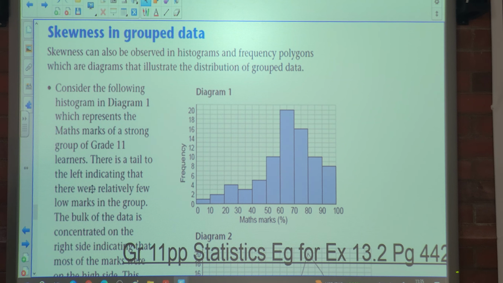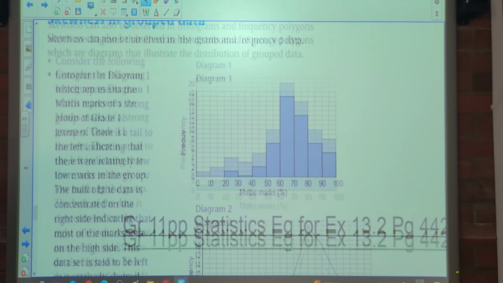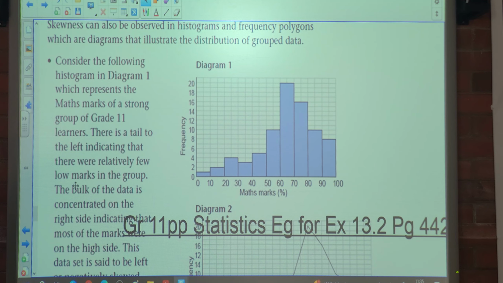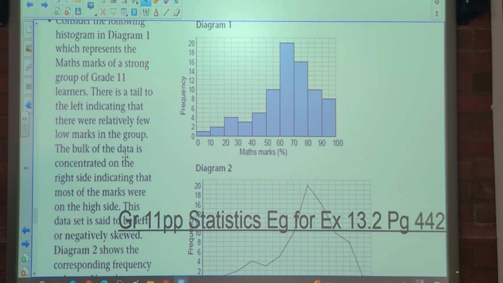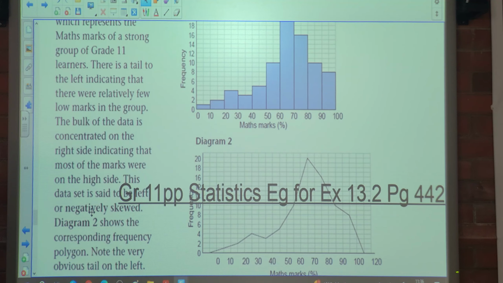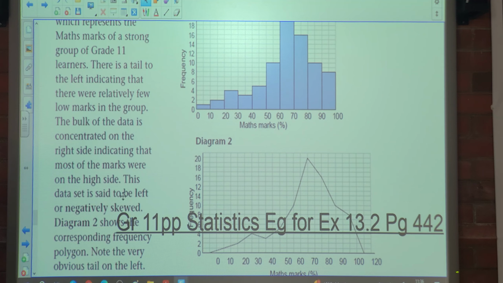There is a tail to the left, indicating that there were relatively fewer lower marks in the group. The bulk of the data is concentrated to the right side, indicating that most of the marks were on the high side.